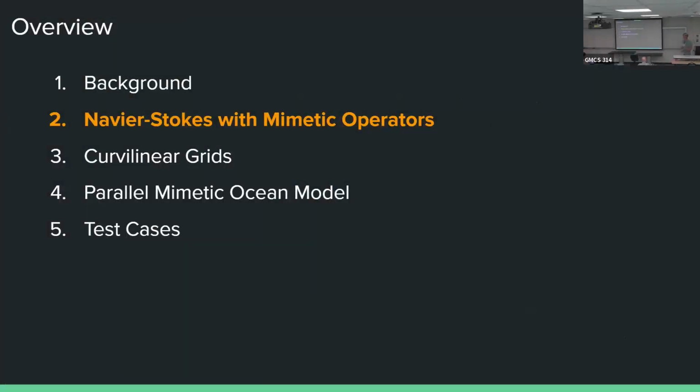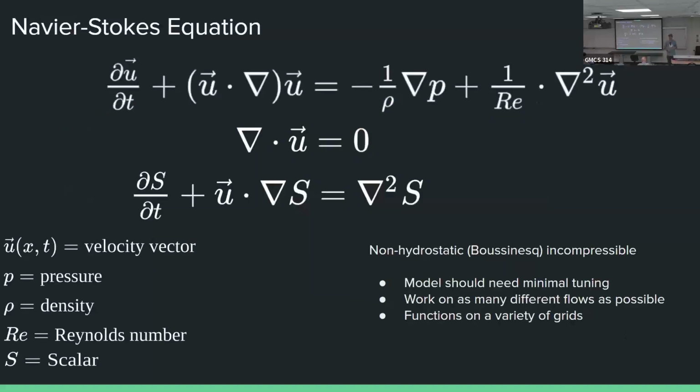Okay, so how do I apply these to solving the Navier-Stokes equation? This is a simplified Navier-Stokes equation that we work with. You have gradients, you have divergences. Remember, U is a 3D vector, so it has X, Y, and Z directions.